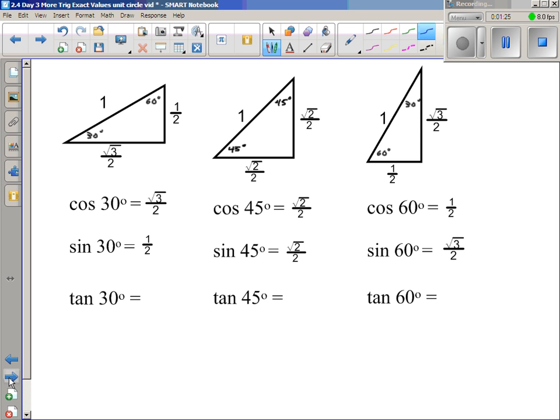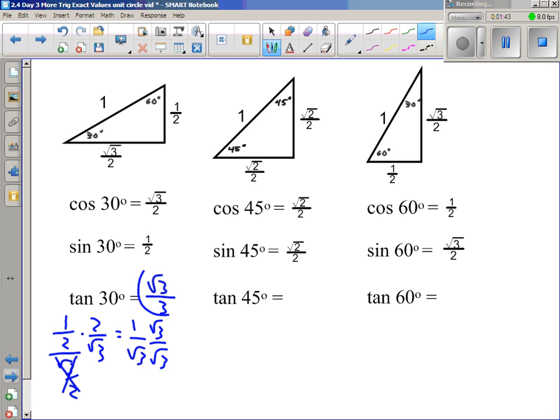So what we would do for the 30, 60, 90, divide opposite, or sine, divided by square root of 3 over 2, which is same as multiplying by the reciprocal. And that gives us a 1 over root 3, or when we rationalize, root 3 over 3.